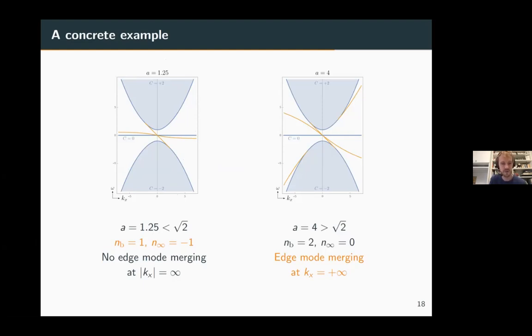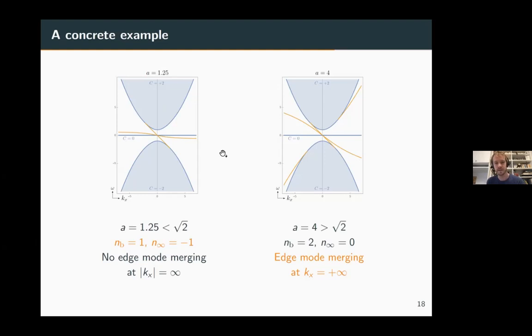But we know from analysis of the scattering amplitude that there is nothing else in the spectrum than what you see, namely that this one saturates and does not matter, and otherwise there is nothing else. So there is a mismatch in the bulk edge correspondence because C plus is 2 and the number is 1. And the mismatch is precisely at infinity.